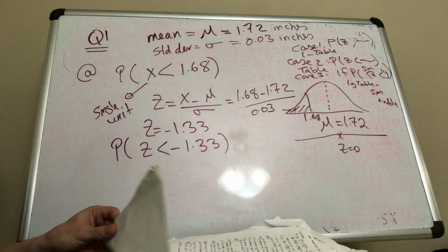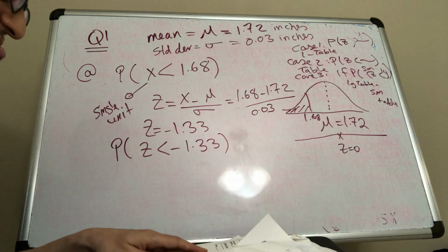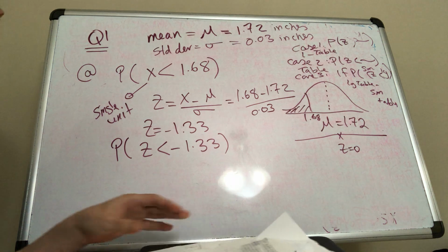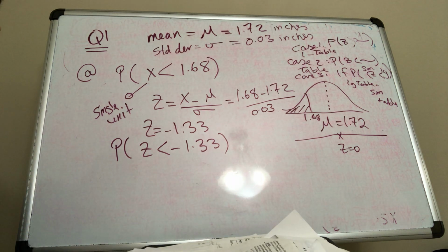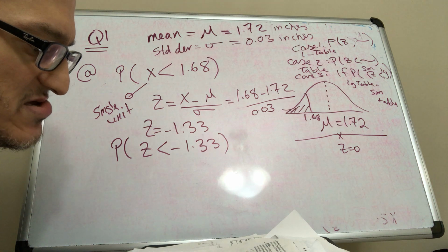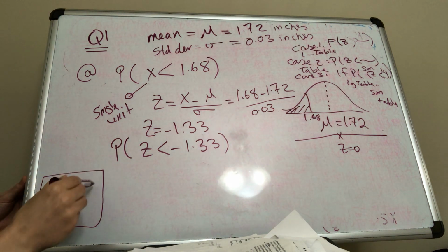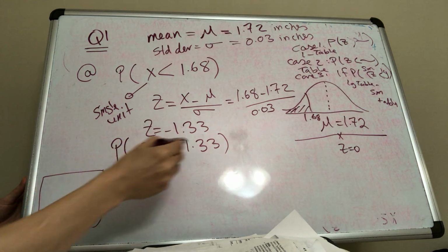So you go to your z table. You can use the ones he gives you in the course, or I'll send you one that's very good, that has all the different numbers. But again, if you want to look it up, basically what you do, you go to the negative side, you look for the 2 digits.